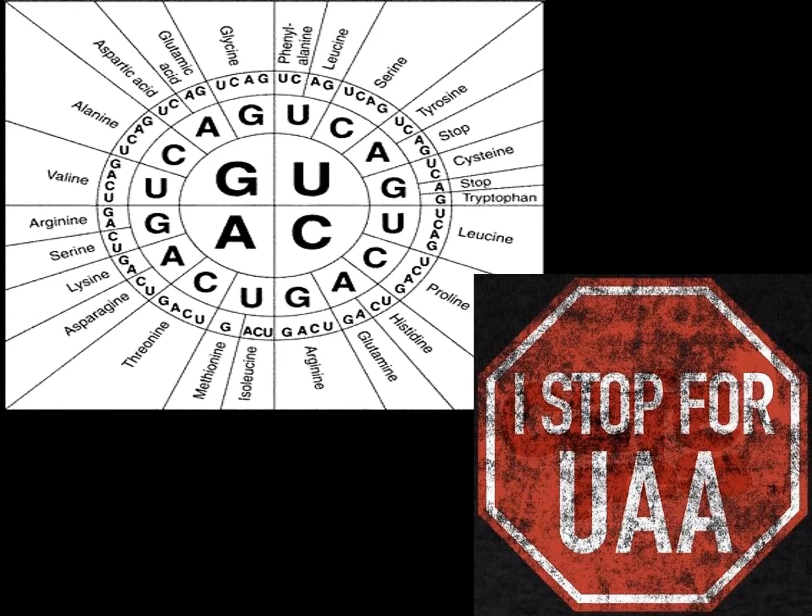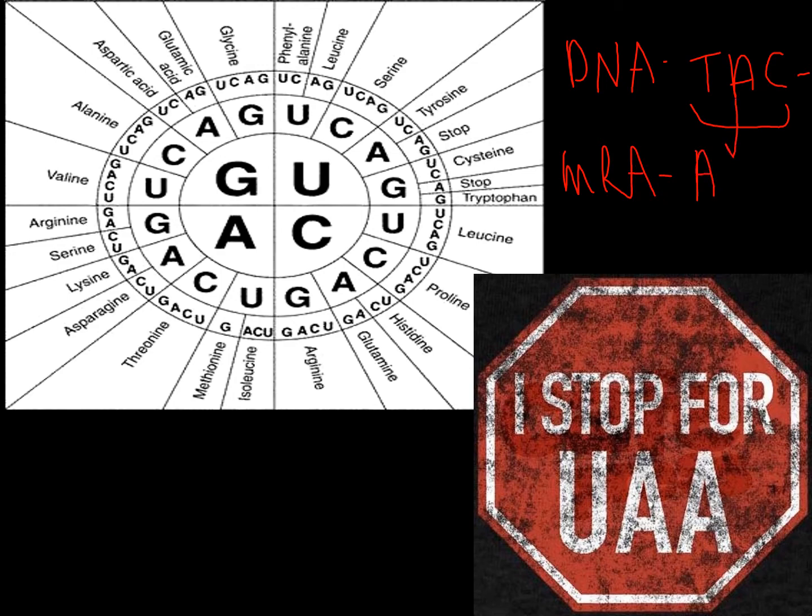So the first thing that we have is DNA, right? On your test, it's going to have a DNA strand, written in 3s. Once you get this, you convert it to mRNA. What do we do? Well, T goes to A, and A goes to U, because it can't go to T since mRNA doesn't have that.